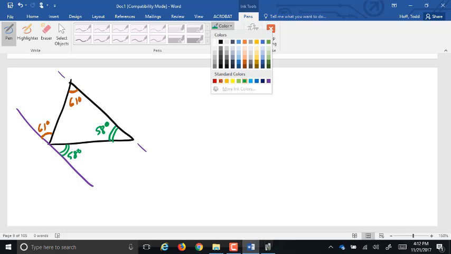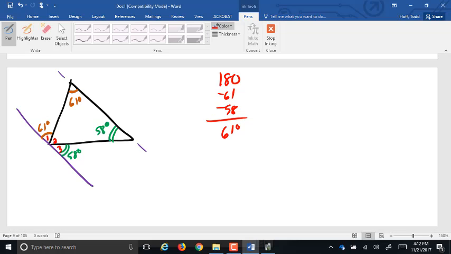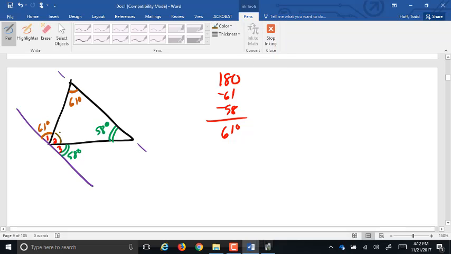Well, it's 3 angles now instead of just 2. But what do those 3 angles have to add up to, from there to there? Well, it's a straight line, right? In the purple. So they add up to 180. So that's 180 minus 61 minus 58, which comes out to be 61 degrees. So this angle here is 61 degrees.